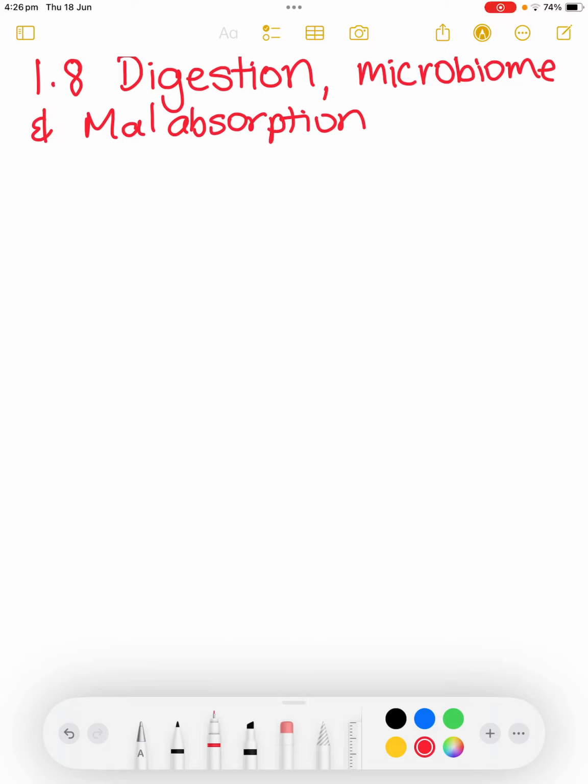Hey Year 12s, today we're going to be looking at topic 1.8, which is digestion, the microbiome, and malabsorption. It's going to be broken up into about 6 different topics. We're going to look at GI, the gastrointestinal organs and their function.